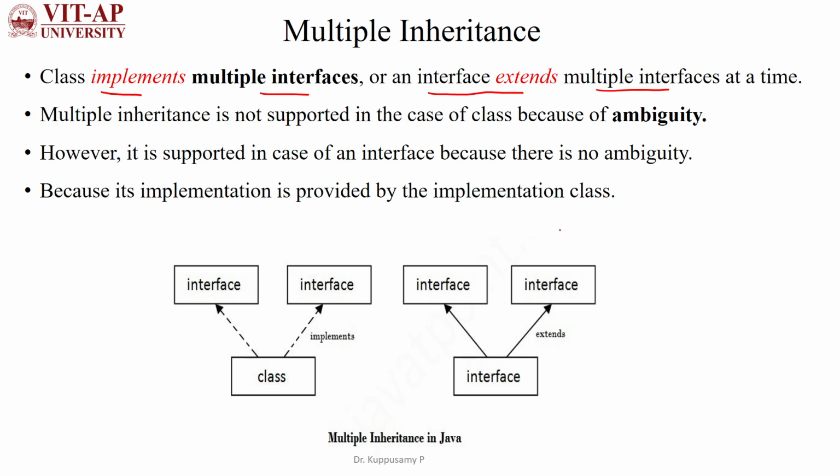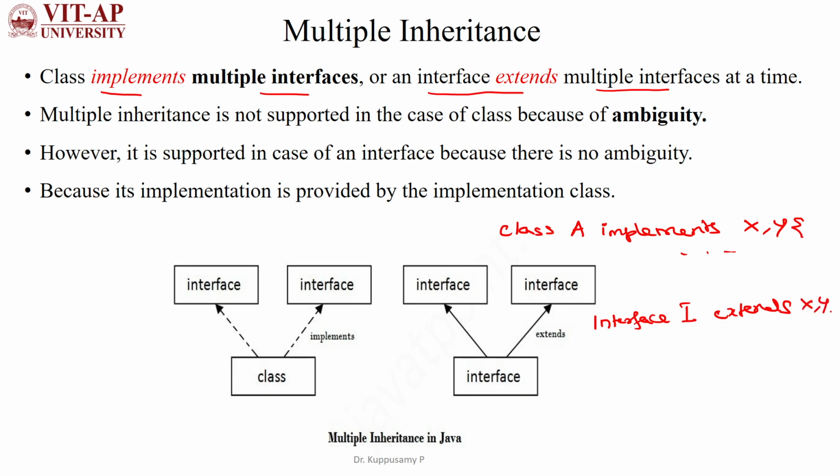That means a class, for example A, can implement multiple interfaces: interface X, interface Y. Like that, an interface I can extend two interfaces, X and Y.